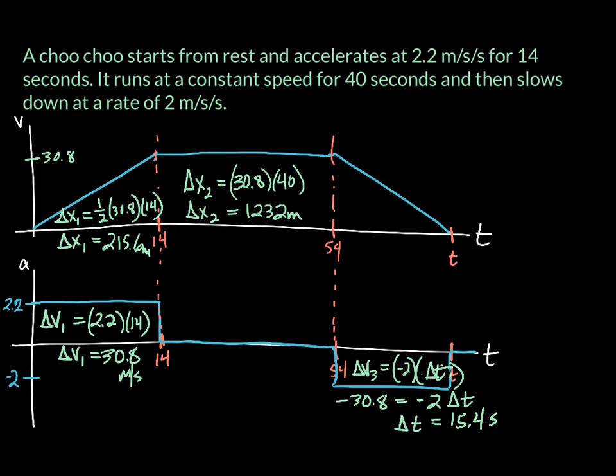So now this delta x3 up here, I can compute what it's going to be. And this is where you kind of have to know what you're paying attention to. I have to use the magnitude of the speed change because it's a positive displacement.